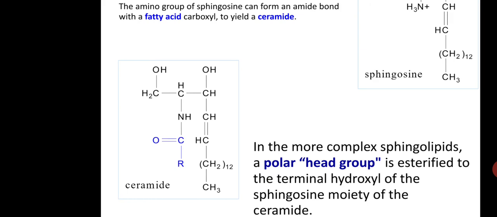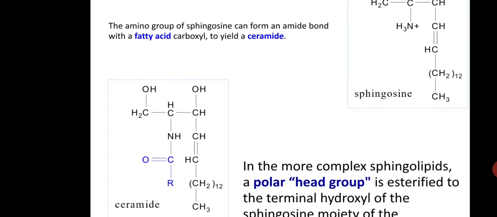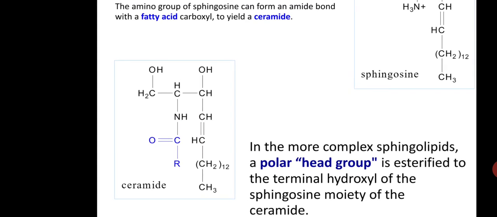Look, you started from glycerol. You know how to draw sphingosine. Sphingosine is a part of a sphingolipid. Right now I'm telling you that sometimes the amino group at position number 2 of sphingosine has the ability to form an amide bond with the carboxylic group of a fatty acid, to form ceramide, right?